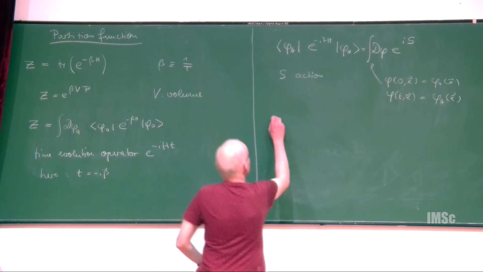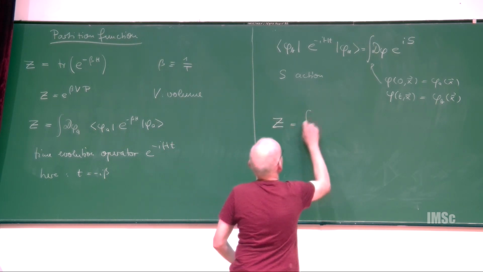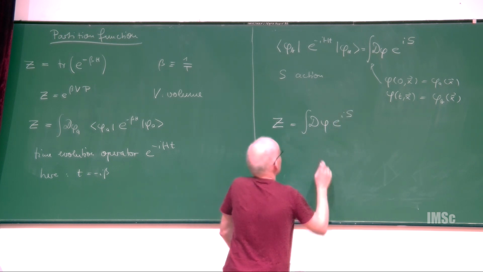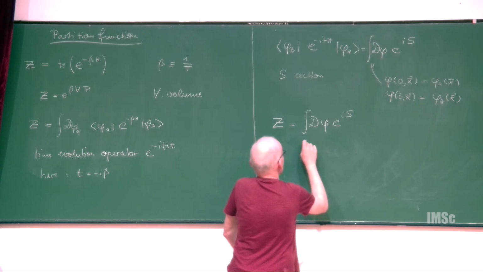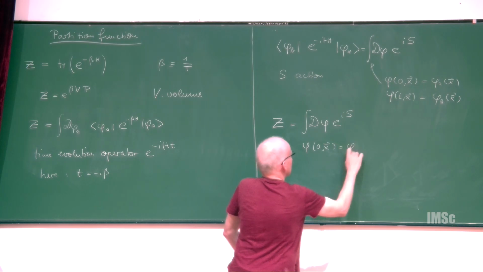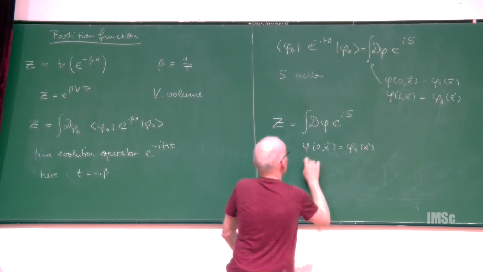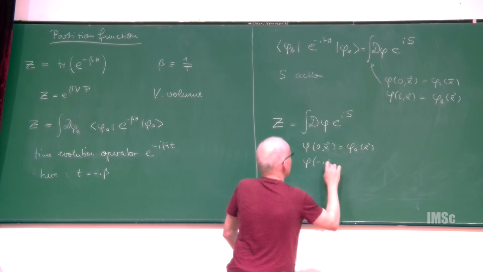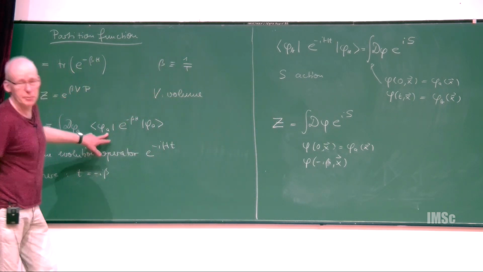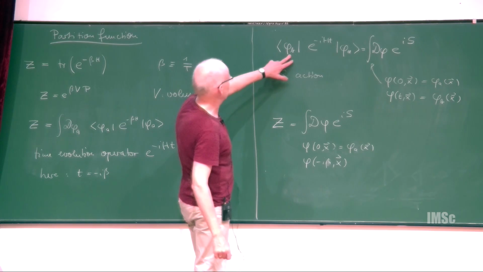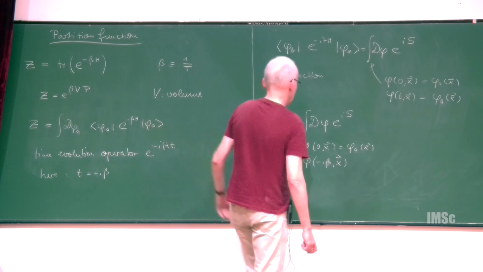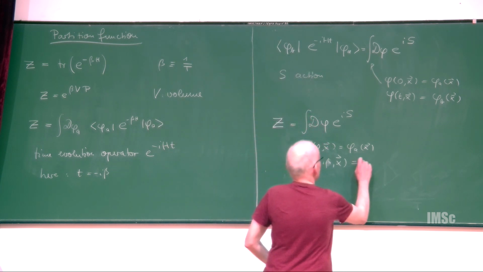So we find that the partition function is a path integral of e to the iS with the boundary conditions that phi of 0 and x equals phi A of x and phi at minus i beta and x equals the same. I mean, here it could be any other field configurations, but here it's the same because we take the trace. There's also phi A of x.